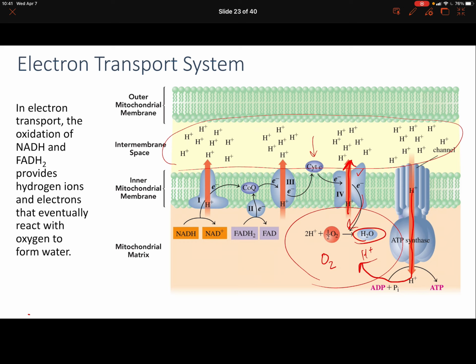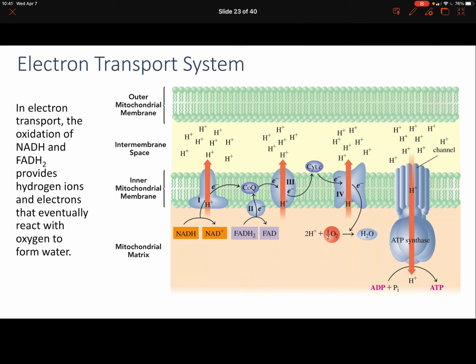The equation for this complex 4 step is 4 electrons, 4 hydrogen ions, and I think one oxygen molecule makes 2 waters. So we get water as a result of the electrons and the hydrogens and the oxygens all meeting.